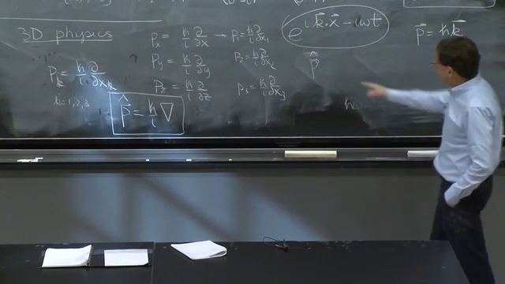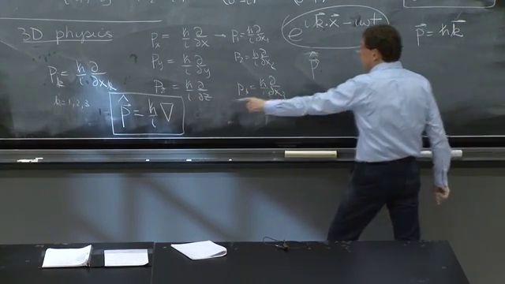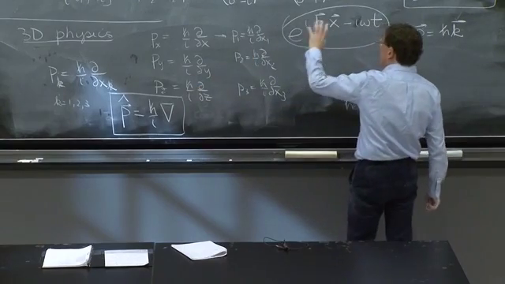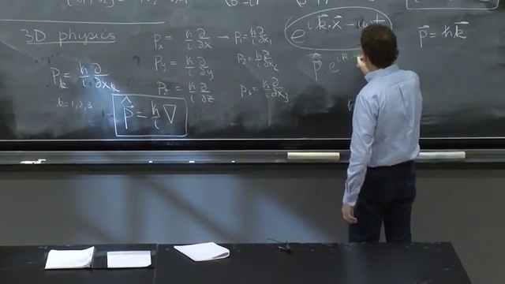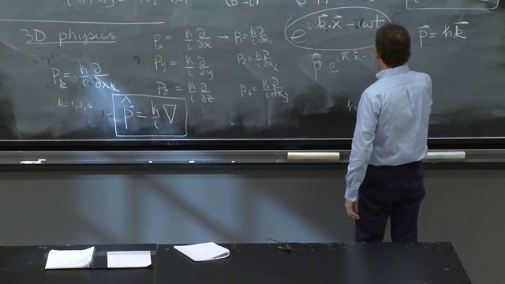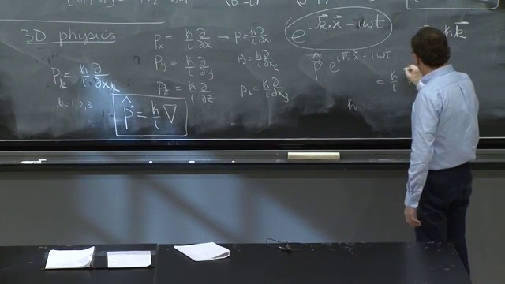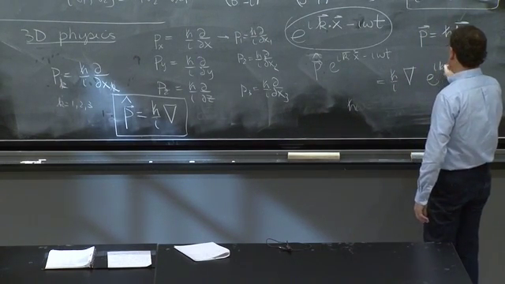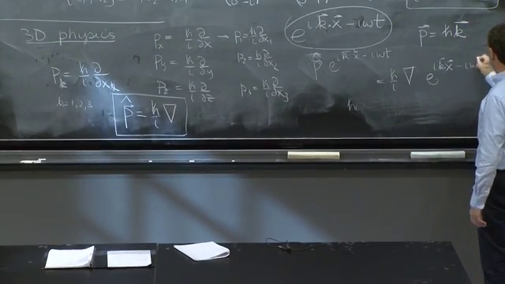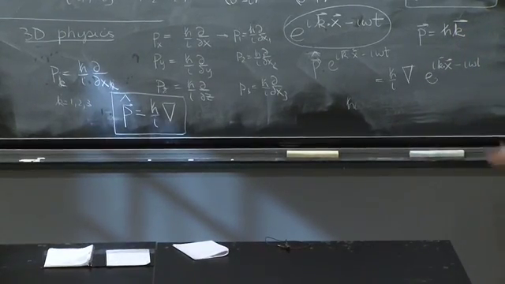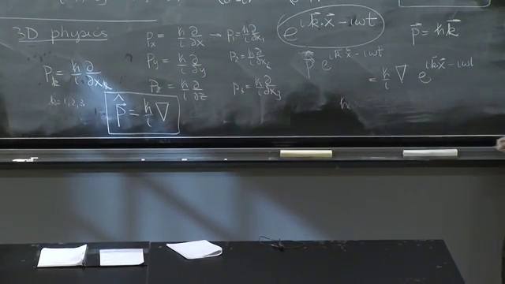So there will be no proliferation of vectors there. So anyway, if you have the gradient acting on this wave function, e to the i kx minus i omega t, that would be h bar over i, the gradient acting on e to the i k vector x vector minus i omega t. And the gradient acting on this gives you a vector.